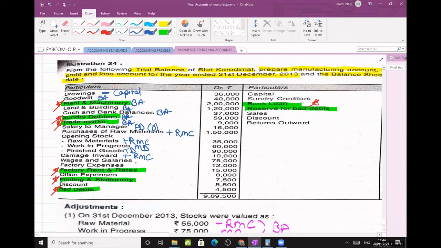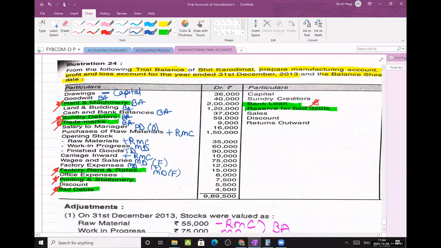Wages and salaries, manufacturing debit under the heading factory. Factory expenses, same, manufacturing debit under the heading factory. Factory rent and rates, same, manufacturing debit under the heading factory.